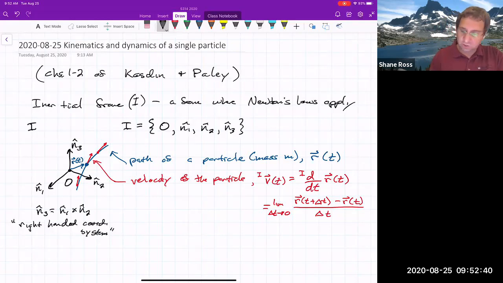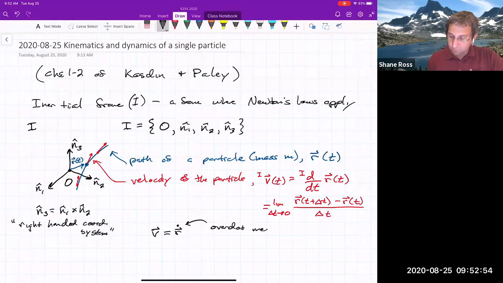Sometimes we'll use the notation of v without that superscript I, and we'll write this is equal to r over dot, where the over dot just means differentiation with respect to time.